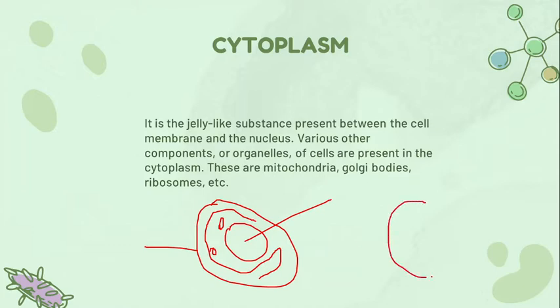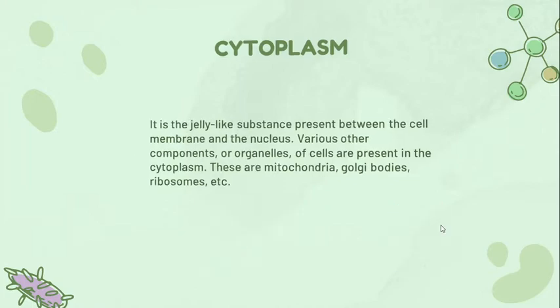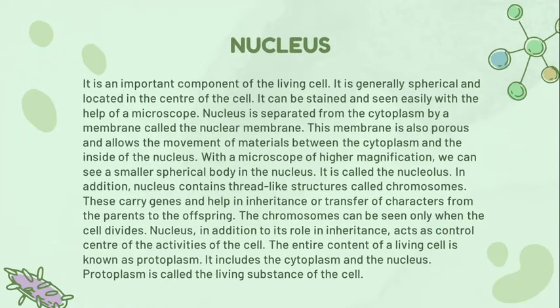So a cell membrane contains the cytoplasm inside. In the cytoplasm, there are various organelles: nucleus, mitochondria, Golgi bodies, ribosomes, plastids, etc.